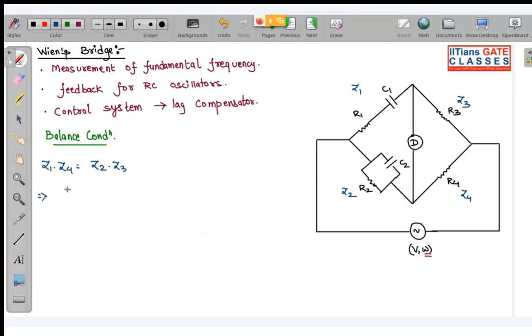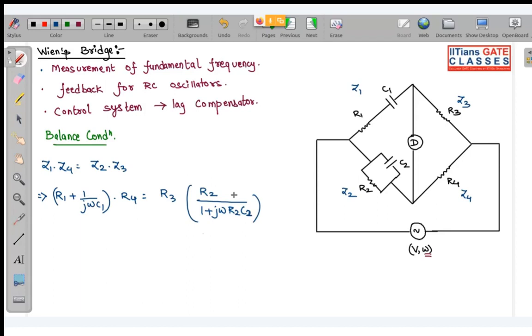So this will be (R1 plus 1 by j omega C1) into R4 is equal to, Z3 is R3, and this is R2 divided by 1 plus j omega R2 C2. Okay, R2 C2. Fine.